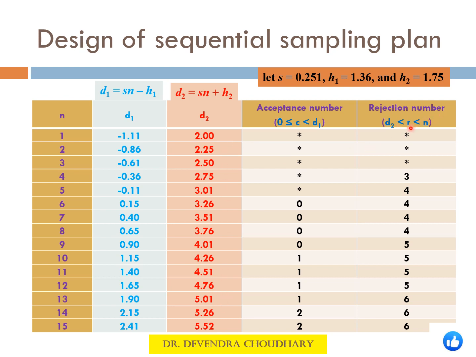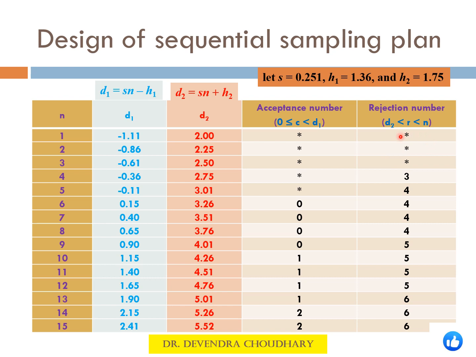The rejection number would be the nearest whole number above D2 and below this item number. So here we have, say, 2, but 2 cannot be less than or equal to 1.